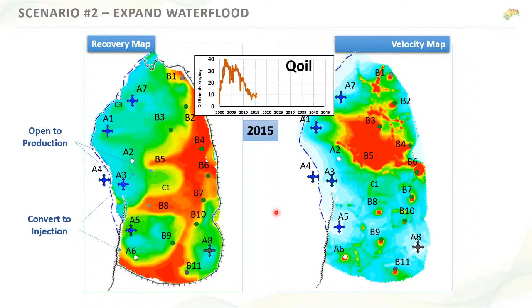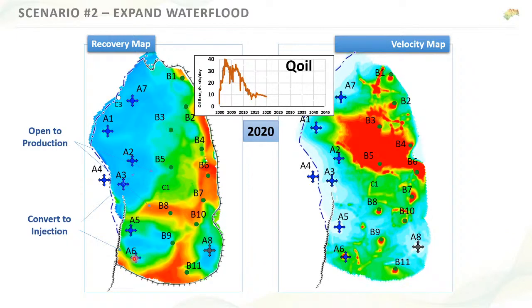So let's go on to the next scenario. Scenario number two is where we expand the water flood in the middle of this field, right? What we're going to do is convert two producers to injectors, and we are going to open some wells that were closed. We are going to reopen.